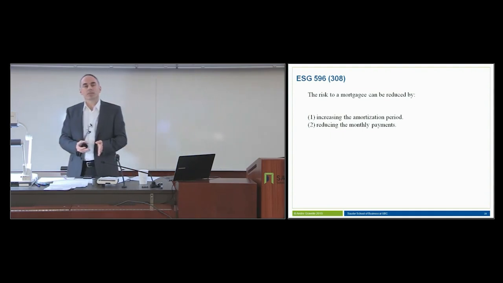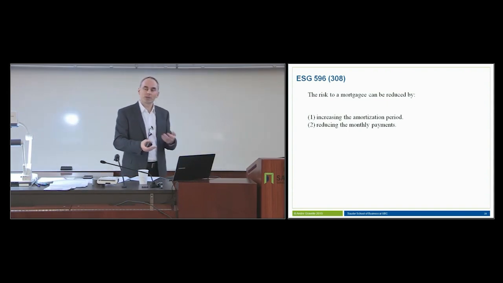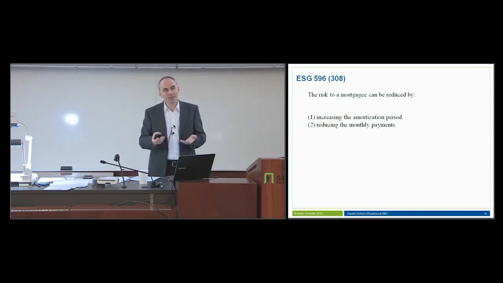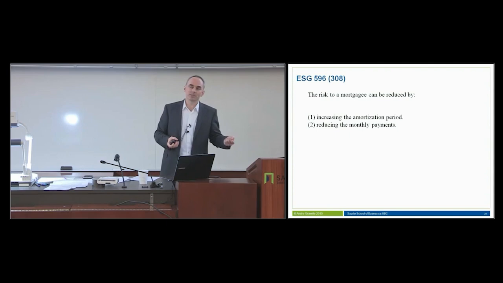Reducing the monthly payments. If we reduce the payments, would that reduce the risk? Well, if the payments are smaller, is that associated with risk? Not really, maybe a little bit. Lower payments might make it easier for someone to make those payments. Does that lower the risk? Maybe a little bit. Not sure that's the best answer.